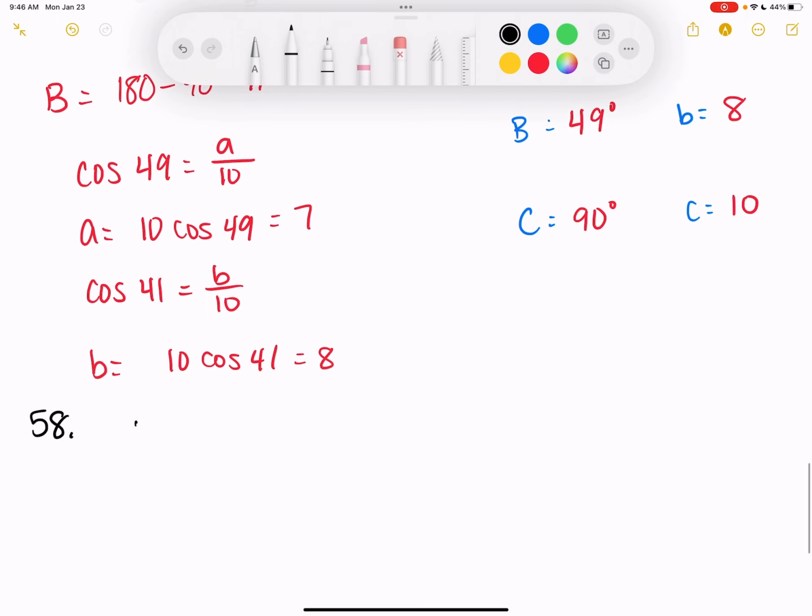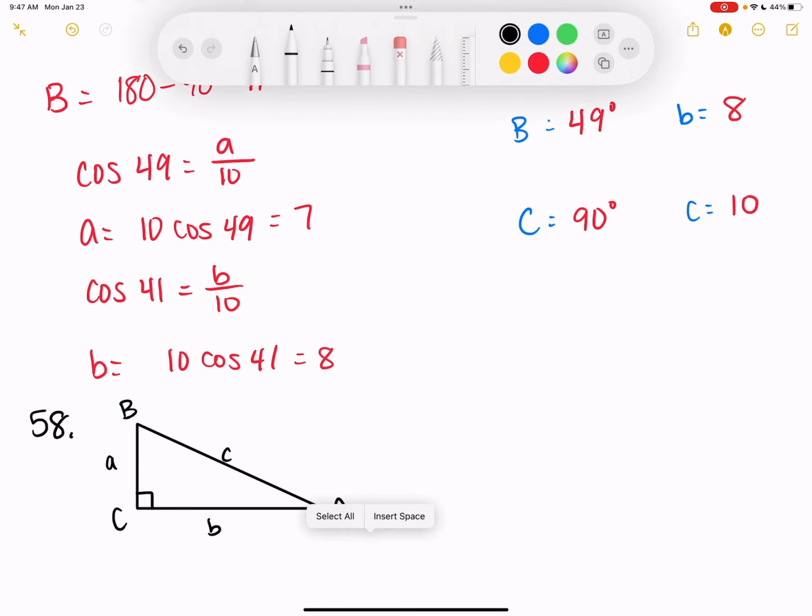I'm going to go ahead and redraw the triangle just so I can fill it in again. But it's going to always be the same triangle for these problems. They're giving it to you. So C, B, A, and then little c, little a, little b.